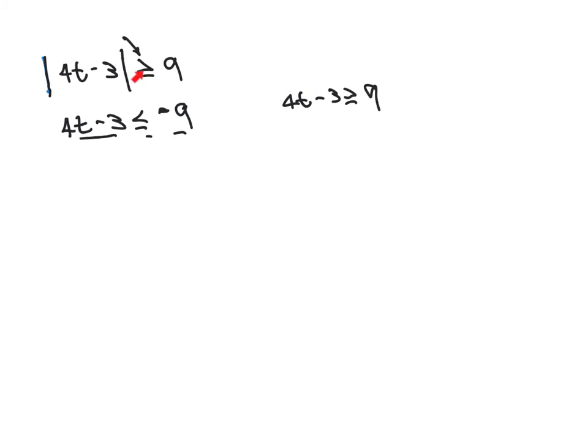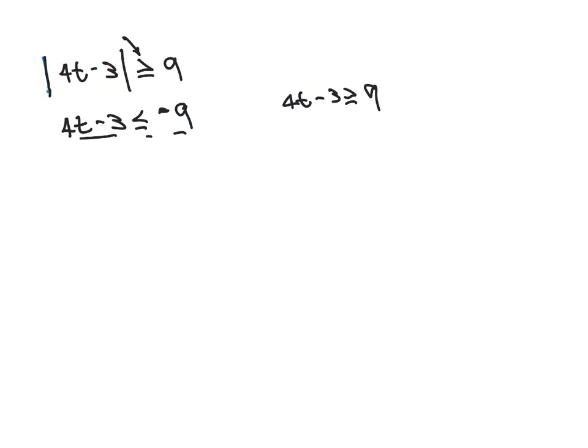When there's a greater than or equal to sign here, we switch it the other way and we change the sign of the number here. And then the other equation, we leave everything the same as it is here. We just take the absolute value off.